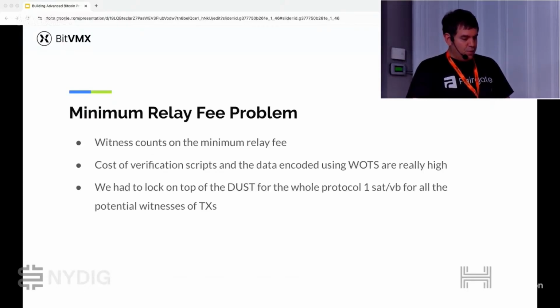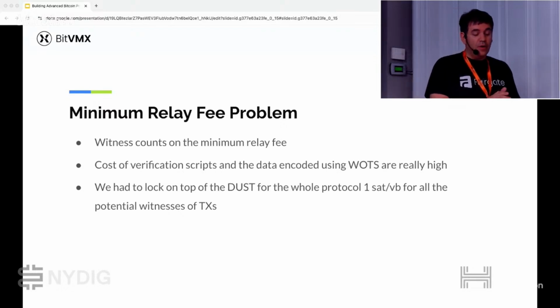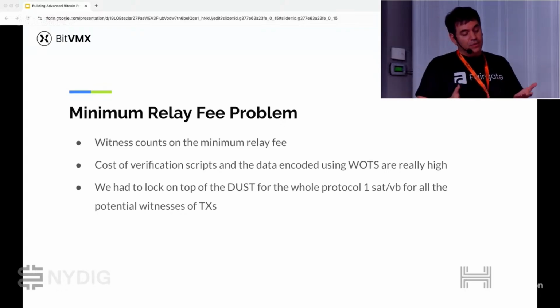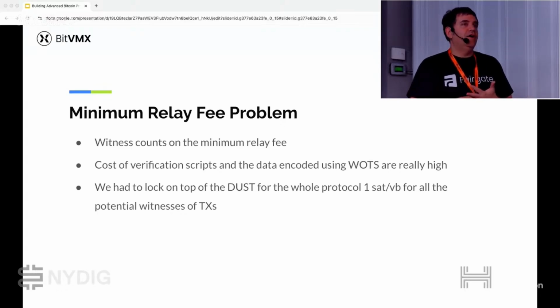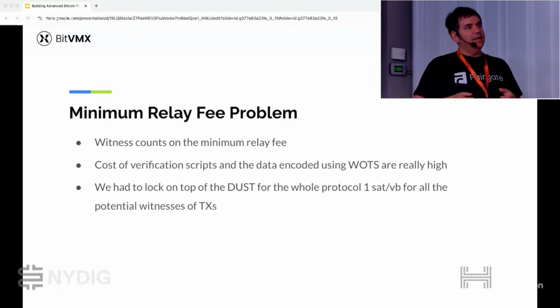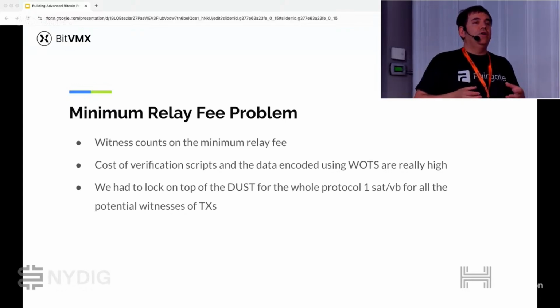Okay, and one more. We encountered a problem with the minimum relay fee of the transactions. Basically, the problem was that we put really big inputs of the programs into transactions as part of the transaction graph, and as we mentioned, these transactions need to be pre-signed. This also means that the cost for the transactions needs to be paid upfront.